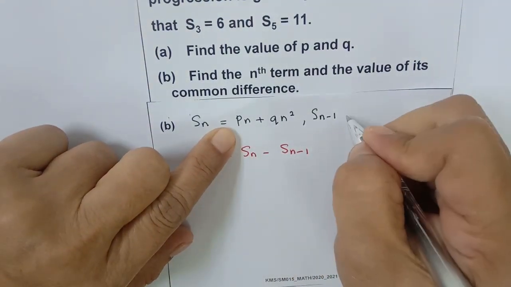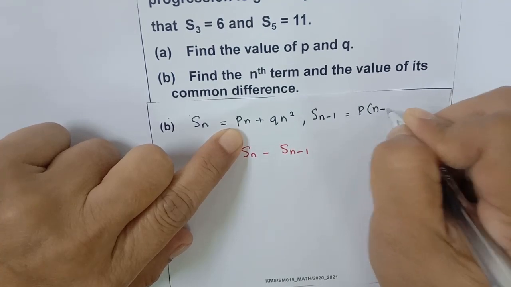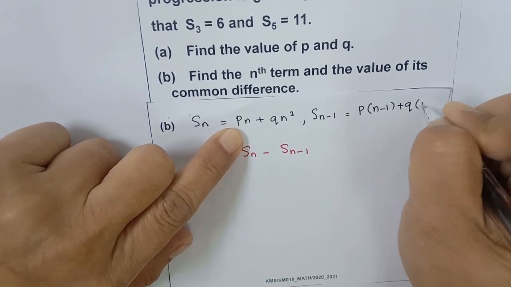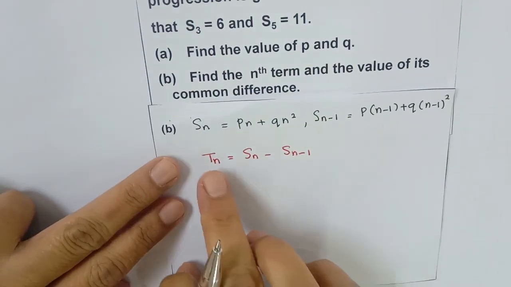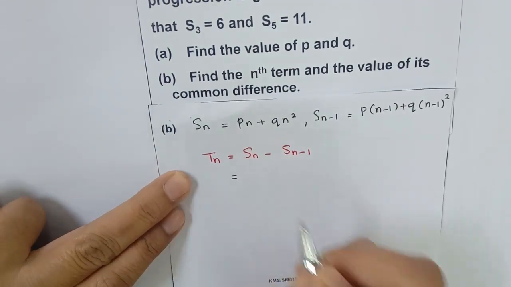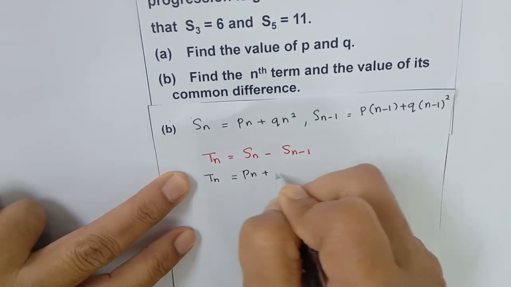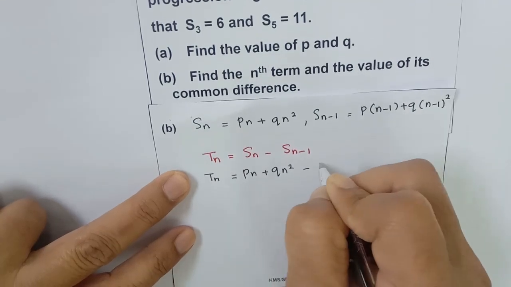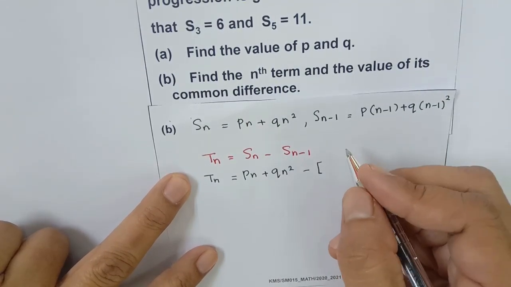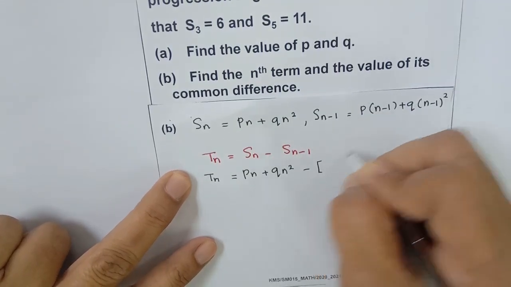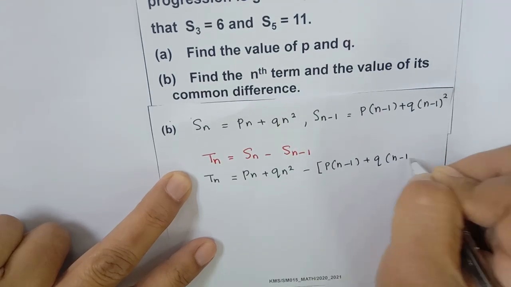Sn minus 1 is substitute n minus 1 into n: P(n minus 1) plus Q(n minus 1) square. Then substitute into Tn. So Tn equal Pn plus Qn square minus open bracket P(n minus 1) plus Q(n minus 1) square.